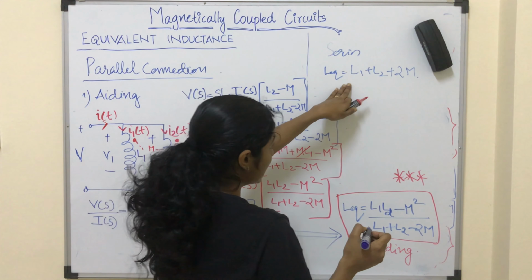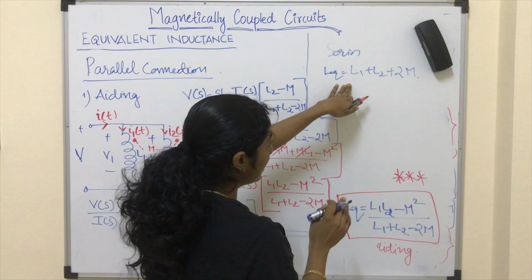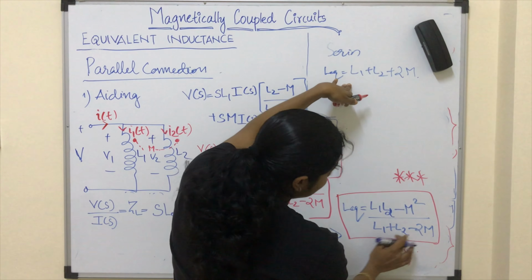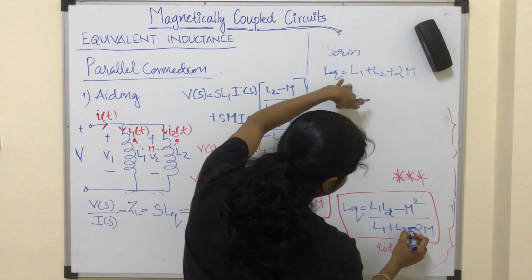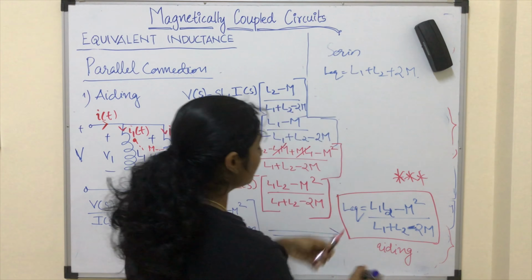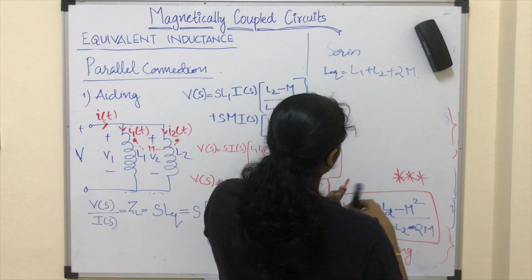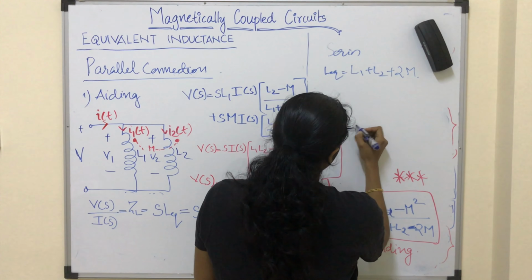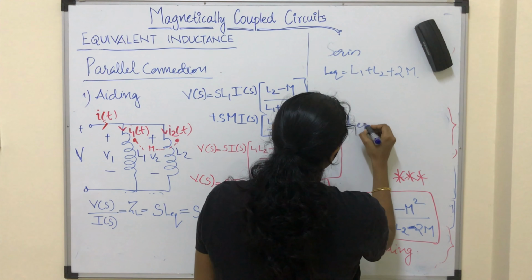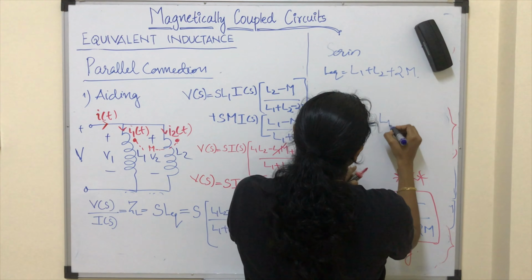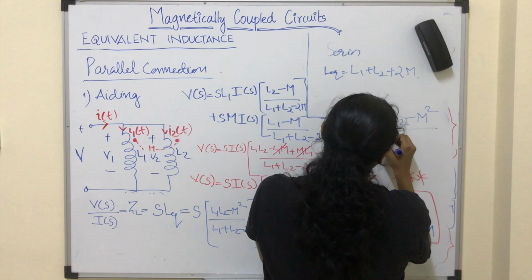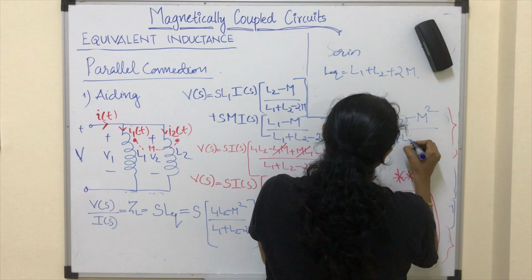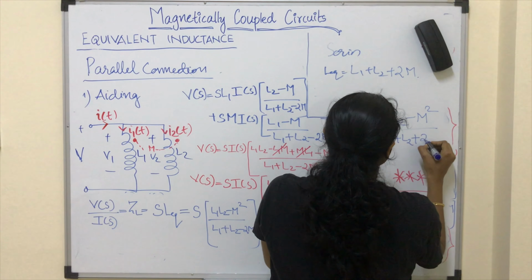But in this case, for parallel connection, the denominator part is minus 2M for aiding connection, and for opposing connection, L equivalent is equal to (L1 L2 minus M square) by (L1 plus L2 plus 2M).